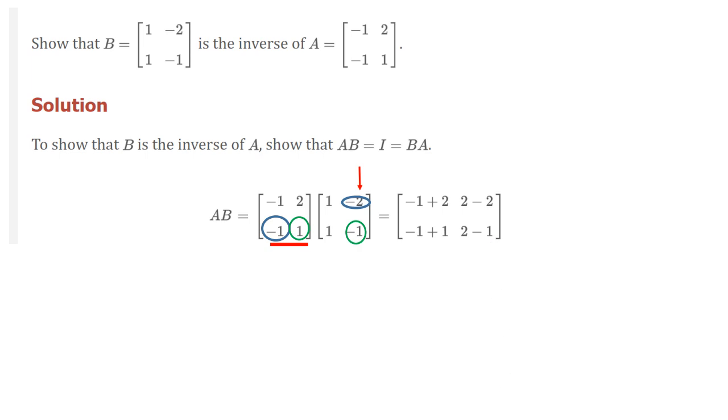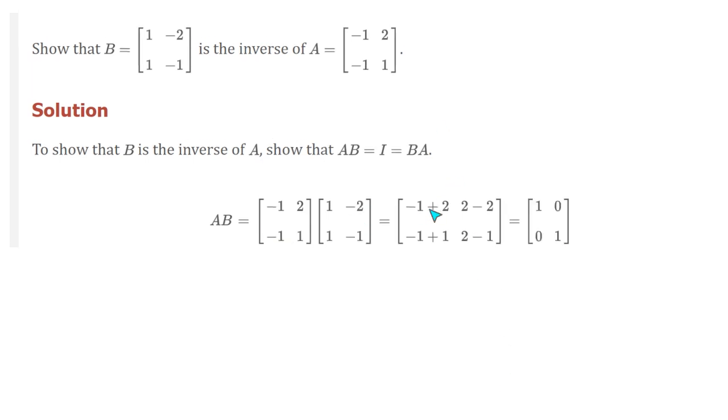So we simplify here. We have -1 plus 2 is 1. 2 minus 2 is 0. -1 plus 1 is 0. And 2 minus 1 is 1. So A times B does give us the identity matrix.